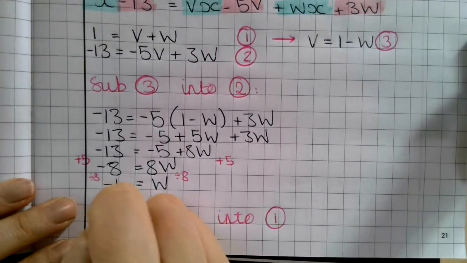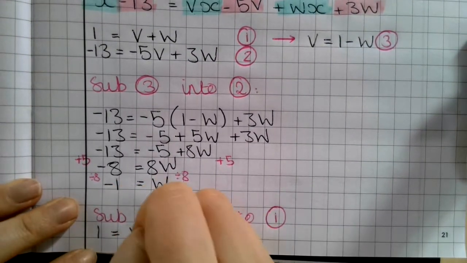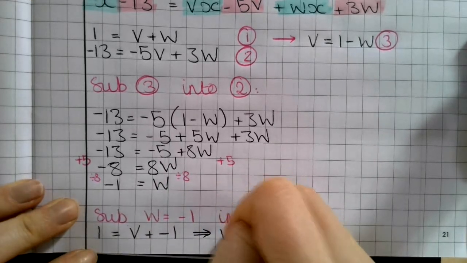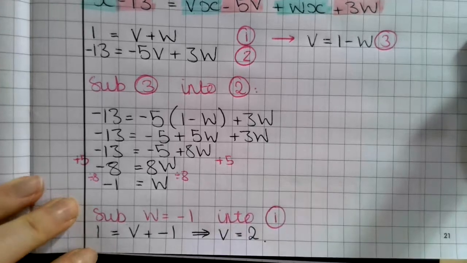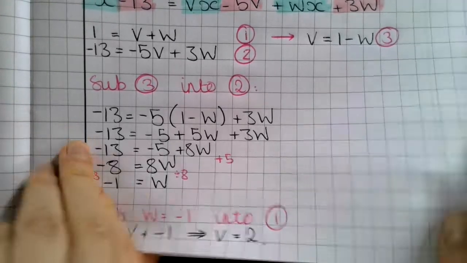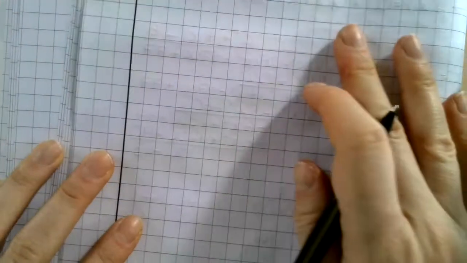We get 1 is equal to v plus negative 1, which means that v is equal to 2. So we've got v is equal to 2, w is equal to negative 1.